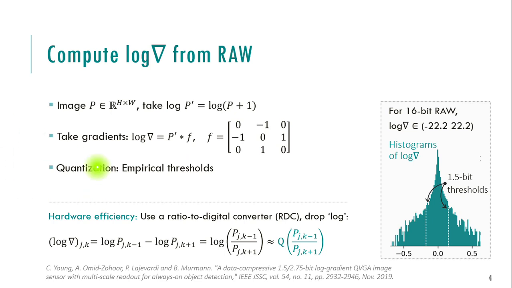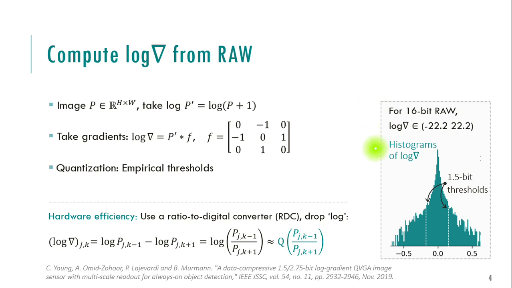And then we extract both the horizontal edges and the vertical edges by using this gradient filter F. At last, we quantize the floating point log gradients with empirical thresholds.